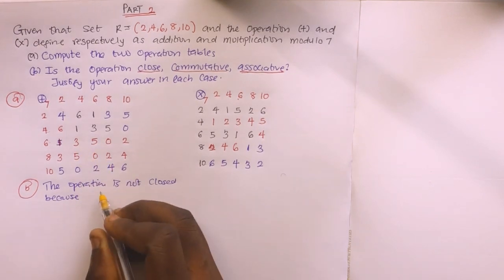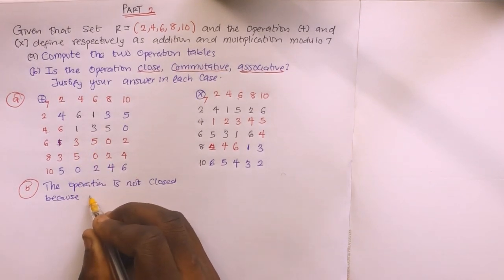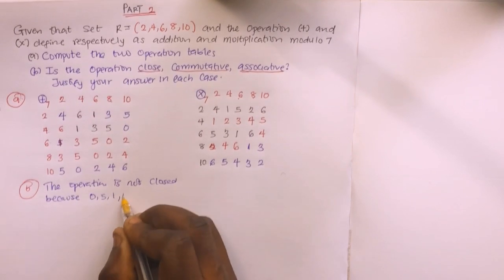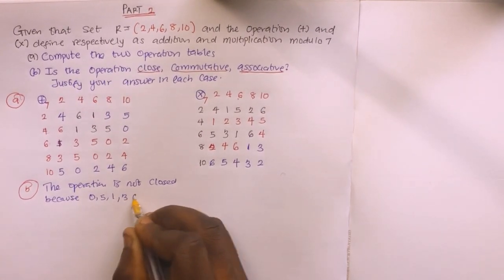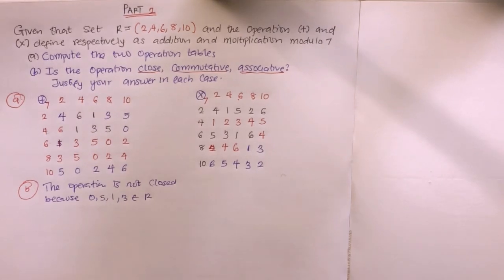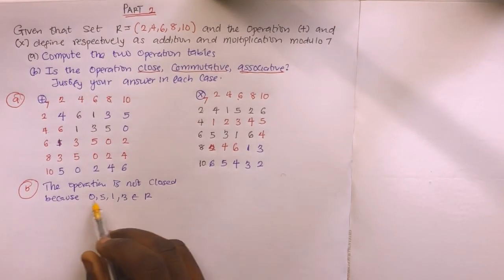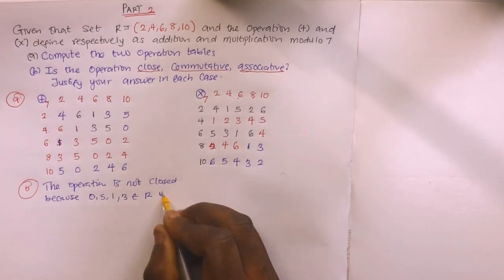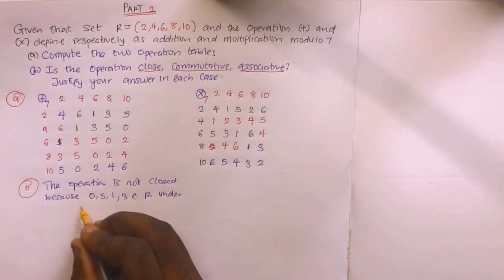Because looking at this, we have 0, 5, 1, right, 3. Yes, it's not a member of R. That's it. Because 0, 5, 1, 3 is not a member of R under operation what?